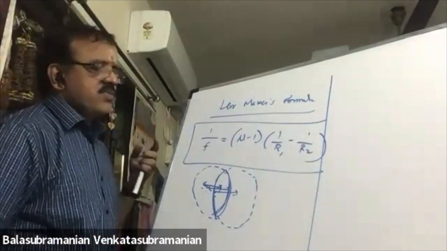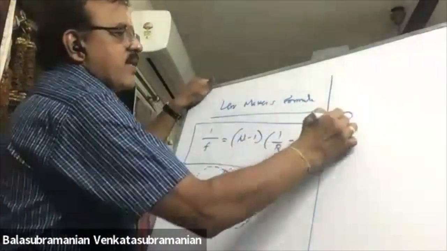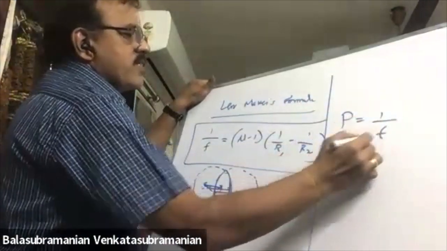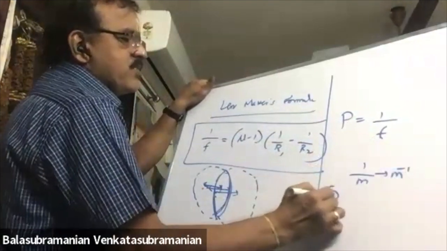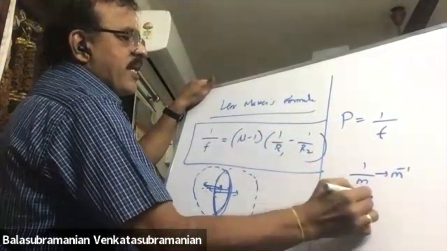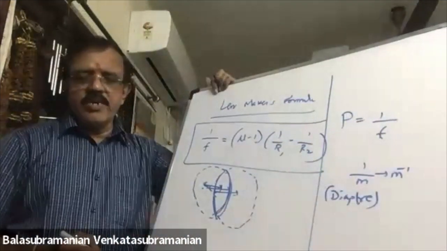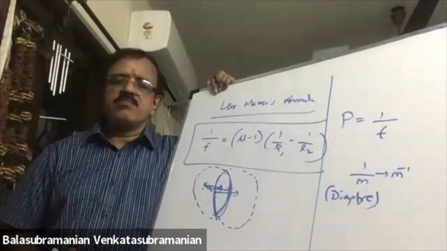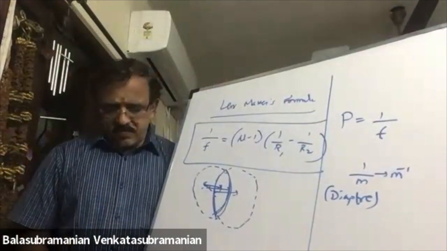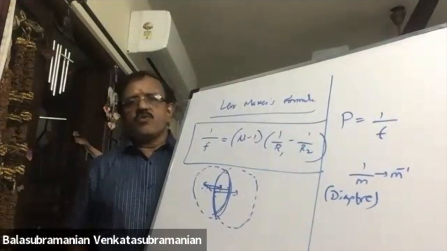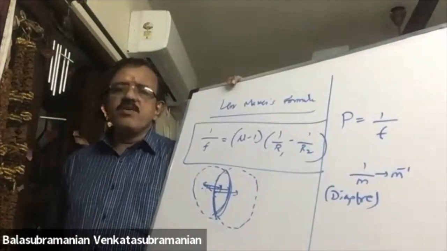Power of a lens. Power is 1 by focal length, 1 by meter or meter power minus 1. Sometimes we use diopter. The unit of power is diopter. Correct? After this, we have two important topics that we will do in part 2.